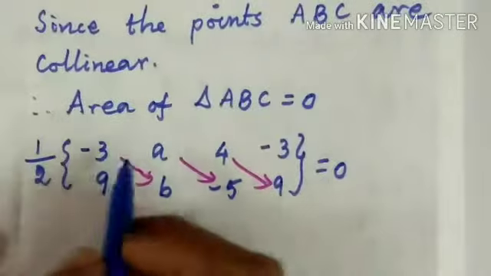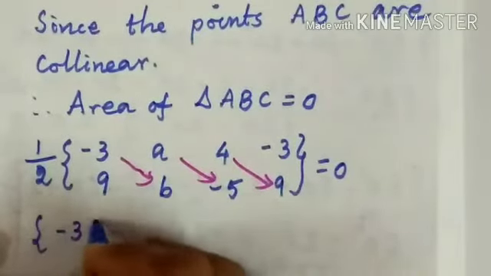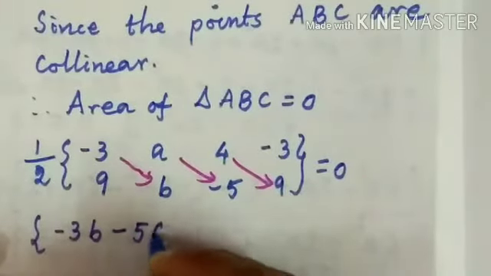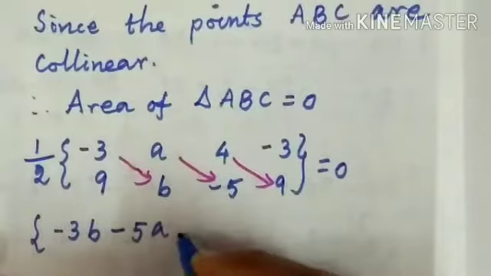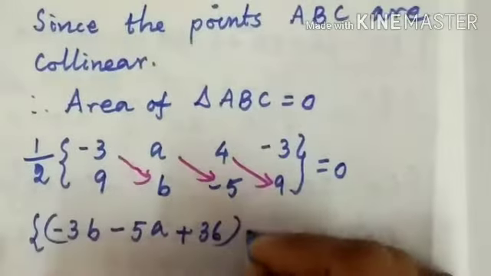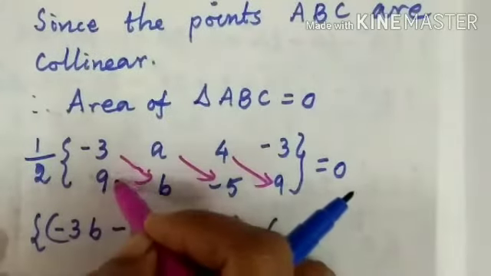We get minus 3 into B minus 3B, A into minus 5 minus 5A, 4 into 9 plus 36 minus of. Now you have to multiply from bottom to top.